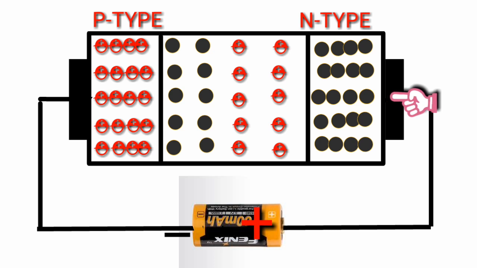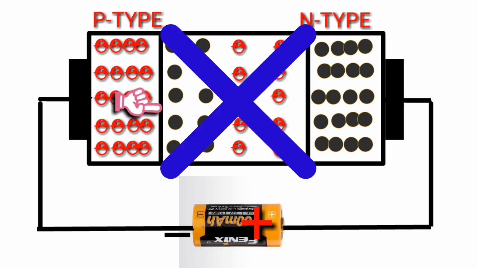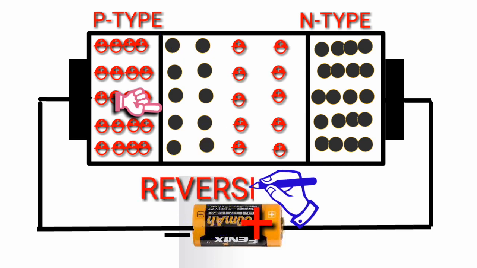Then the depletion region gets wider. Because of that, the free electrons cannot cross the depletion region. Then the diode is reverse biased. That is how the internal and external of the diode work in reverse bias.